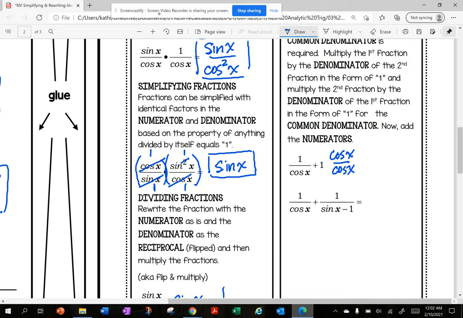Anything divided by itself is 1. So now I have a common denominator, so I'm adding my numerators. So 1 plus cosine of x over my denominator, which is cosine of x.